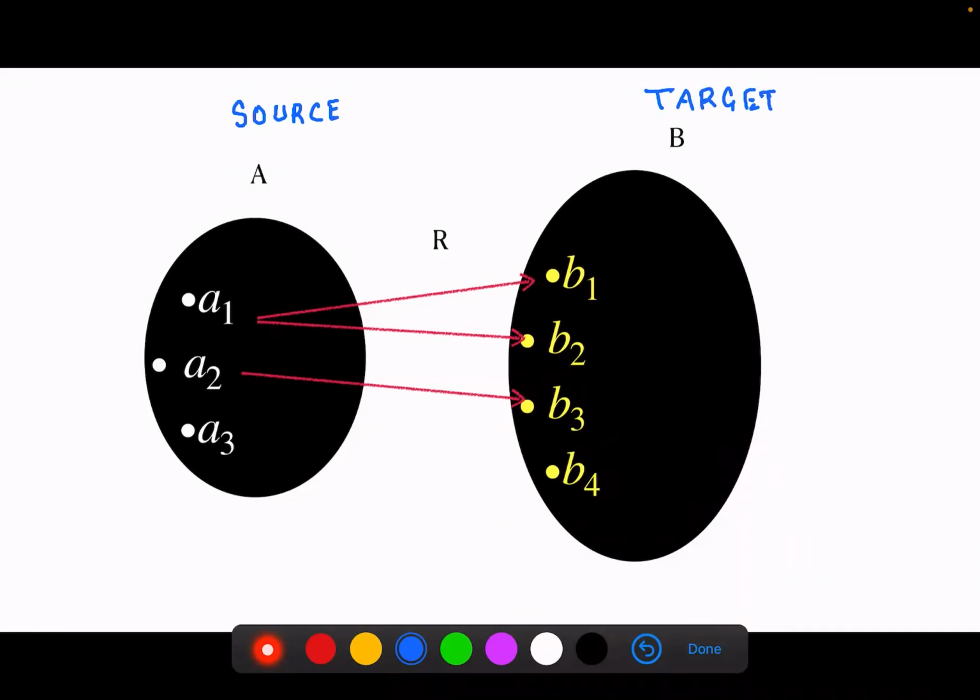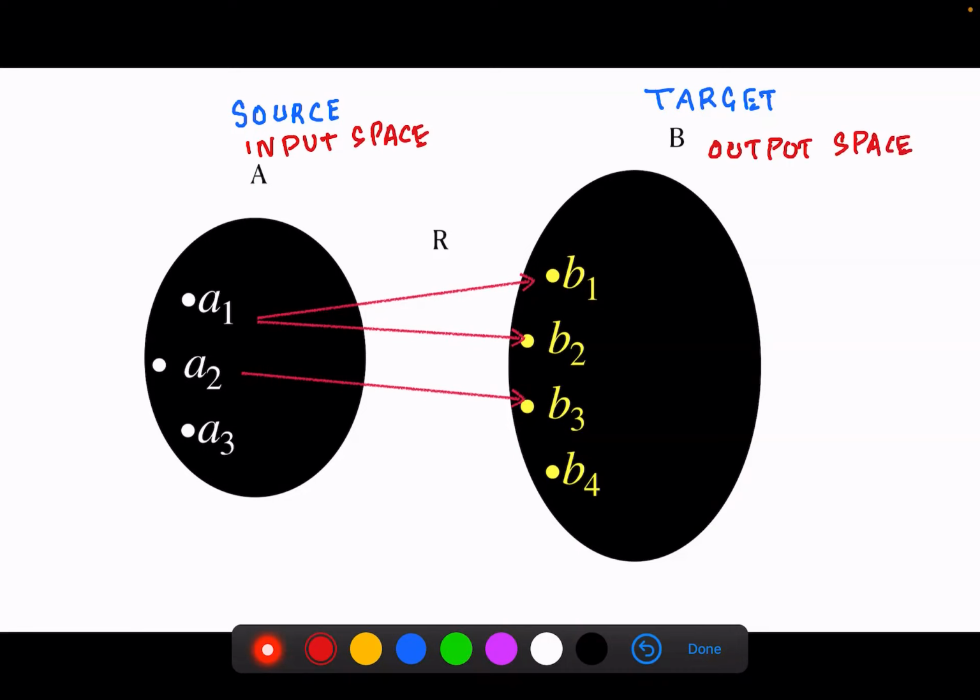You can also say that A is kind of an input space, because you are working on elements in set A and then trying to generate elements in set B. So B is your output space. These ideas you can carry in your head.